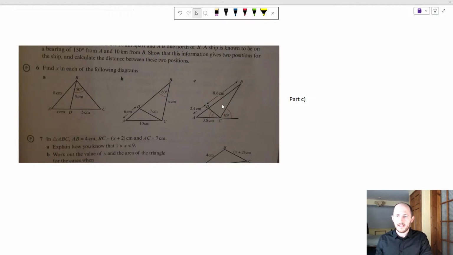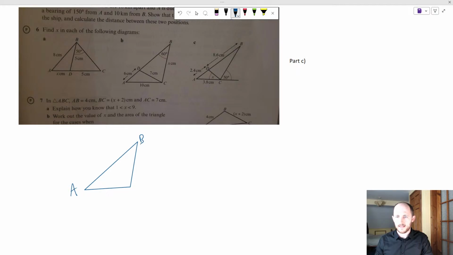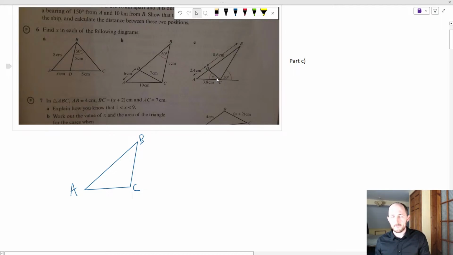If I look at this overall triangle, ABC, let me sketch it out approximately. Boom, like that. This is A, B, and C. I have two sides and a blank spot, so it makes sense to try and work out some of that, because that's the triangle I have the most information on. If I look at DCB, I have only a side.